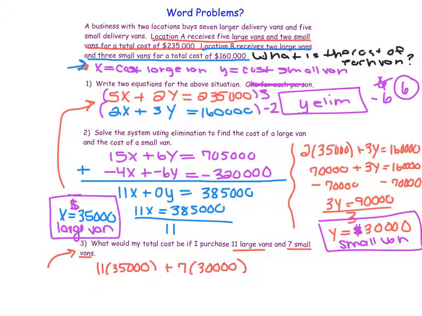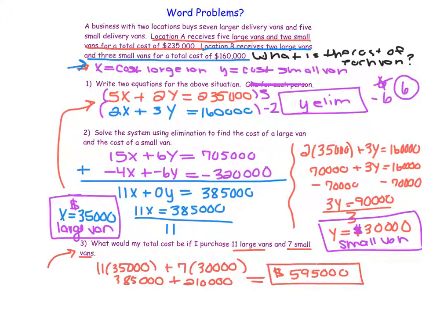If I calculate that using my calculator, 11 times 35,000 is 385,000 plus 7 times 30,000 is 210,000. If we add those together, if I were to make those purchases of 11 large vans and 7 small vans, I would spend a total of $595,000 on my vehicles.